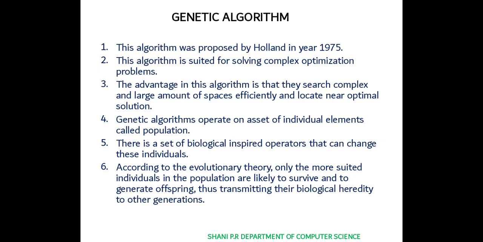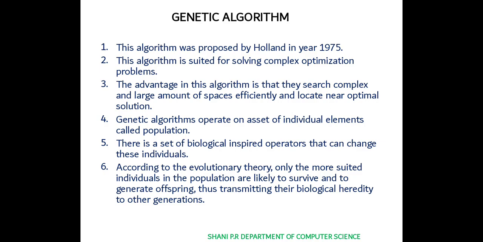The advantage of this algorithm is that it searches complex and large spaces efficiently and locates near the optimal solution. Mainly the genetic algorithm is used to optimize complex problems.